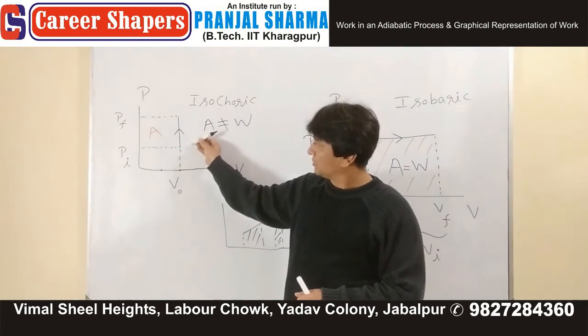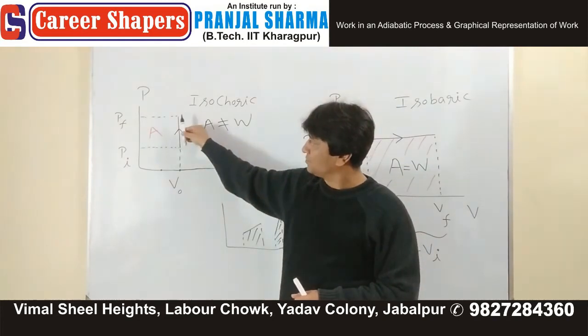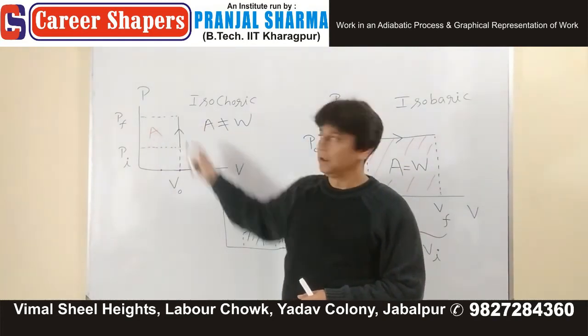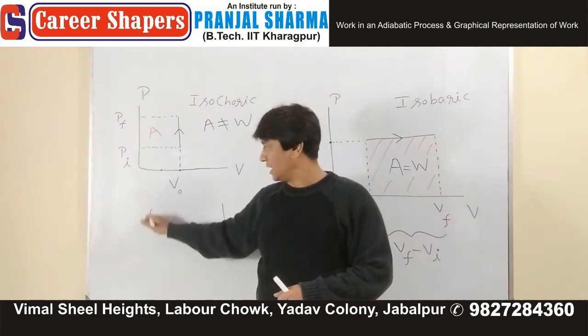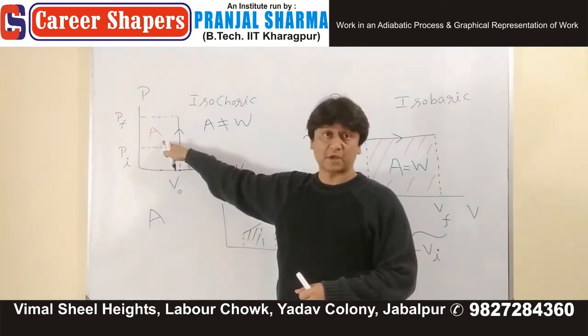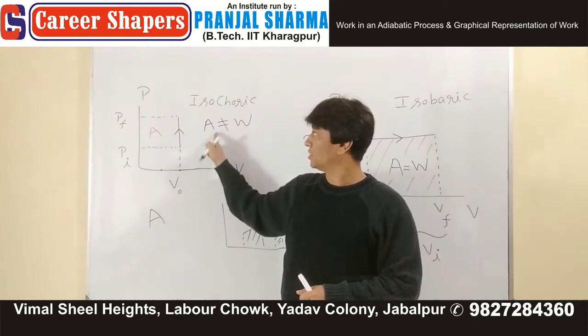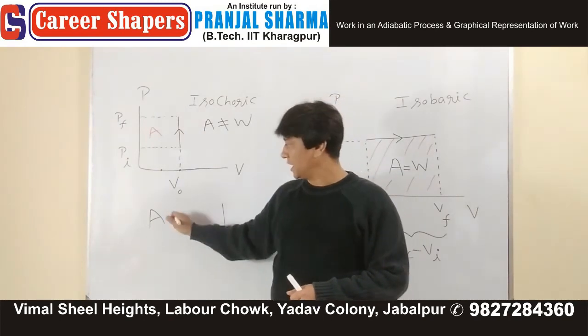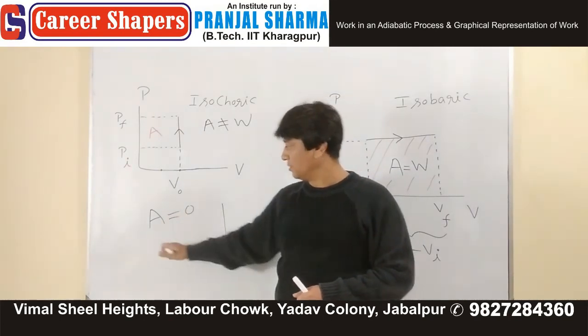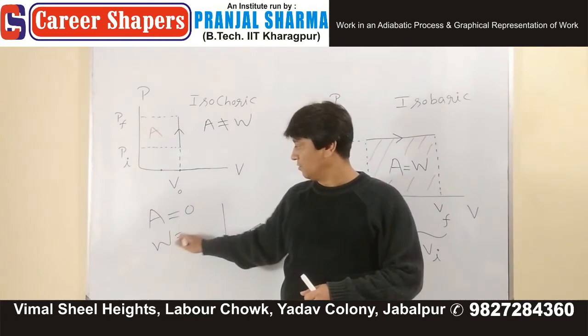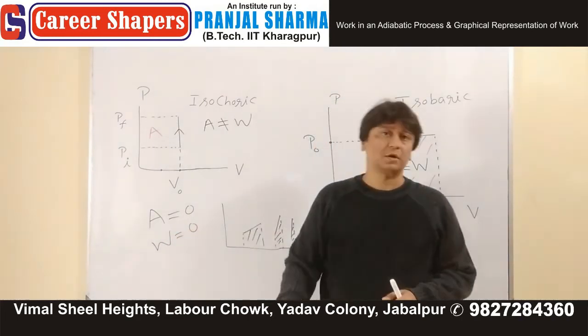So the moment your graph becomes vertical, you find that A, not this A, not this A, is basically 0, and therefore work is 0.